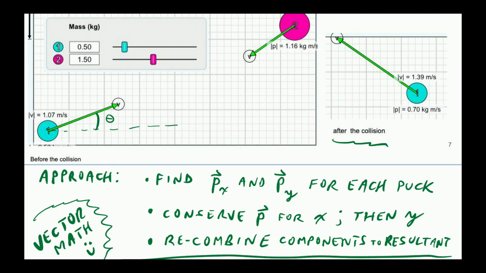Projectiles come to mind, where you separate things into their x and y components, solve x, solve y, put them back together again. That's what we're doing here: finding the components first, x and y for each puck, then conserving momentum separately in x and y.